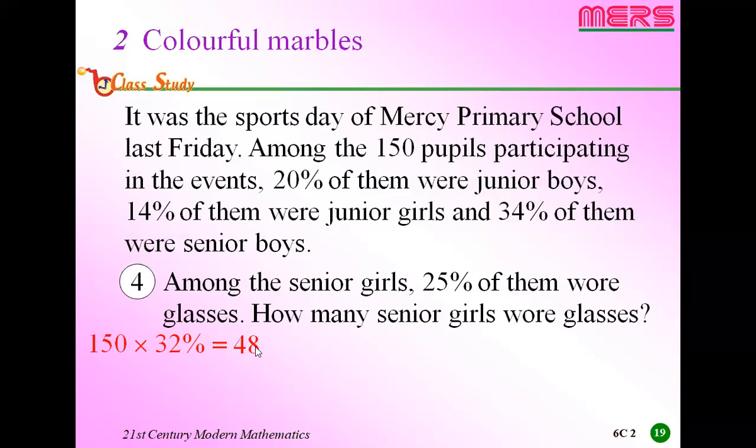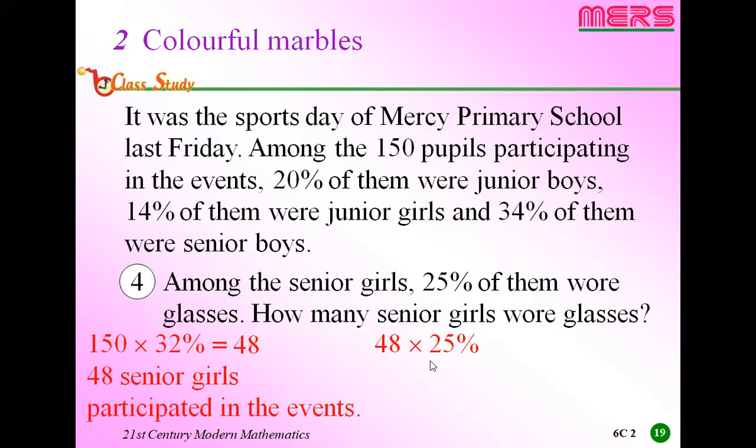And in this 48 senior girls, 25% of them wore glasses. So we will use 48 times 25% to find out the number of senior girls who wore glasses. Okay, that is method 1, right? Don't forget method 2.